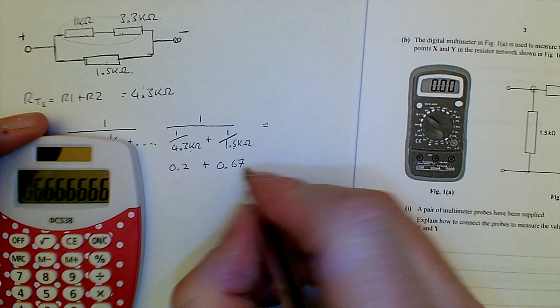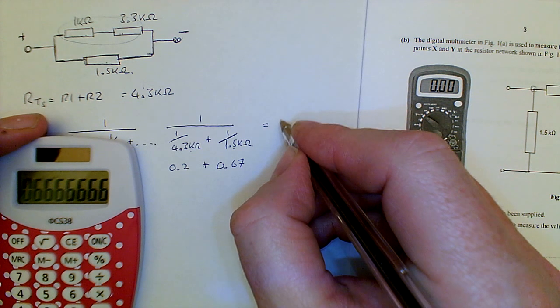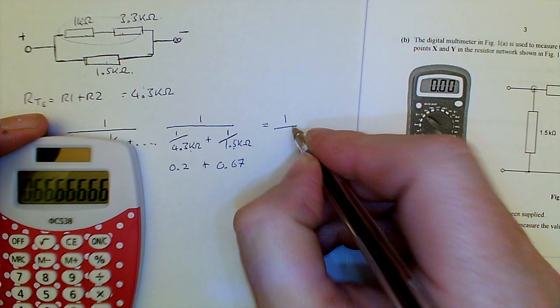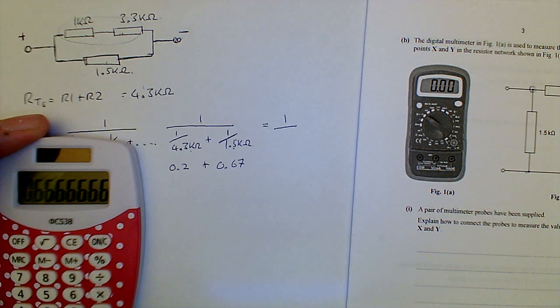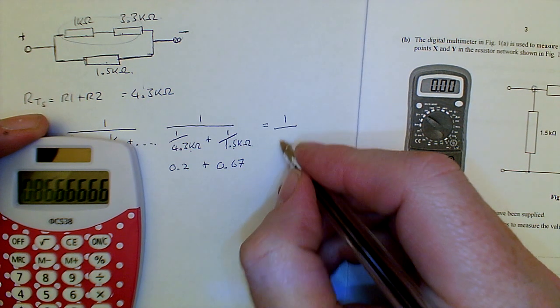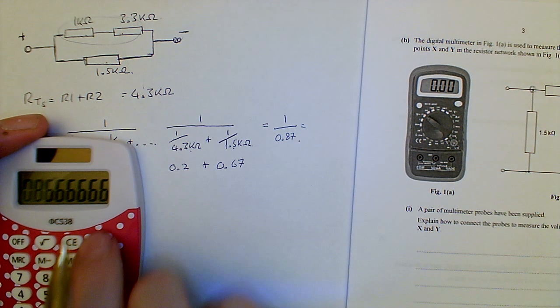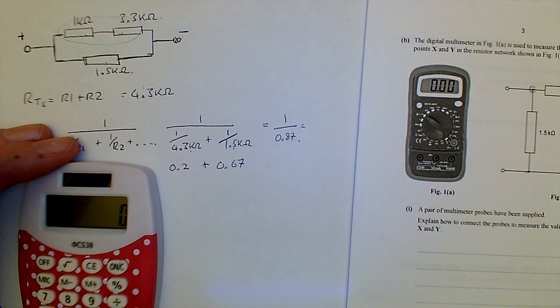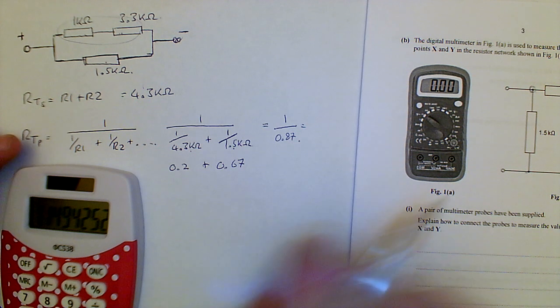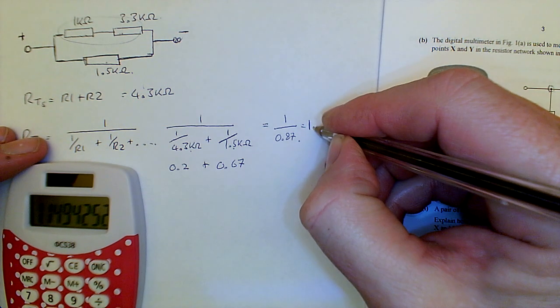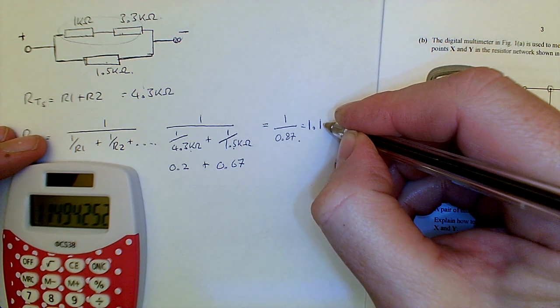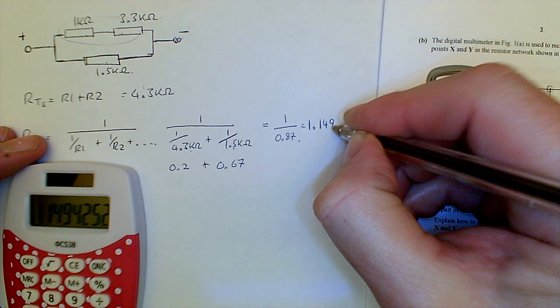So we're going to end up with 1 divided by 0.87. One divided by 0.87 equals 1.149.